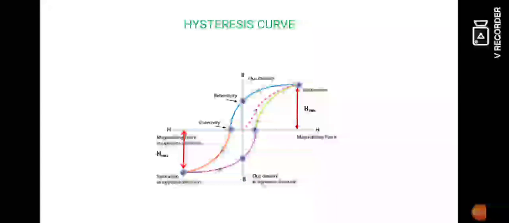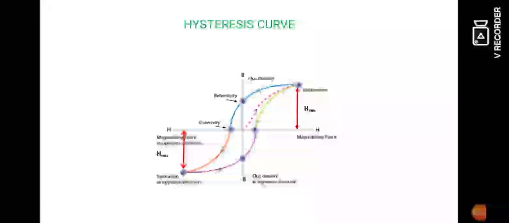This picture clearly shows the relation between the magnetizing field, or magnetizing force, and the magnetic induction value B. In this graph, the origin is taken as O, the center, and the external magnetic field values are plotted along the x-axis, and the magnetic induction value is plotted along the y-axis.